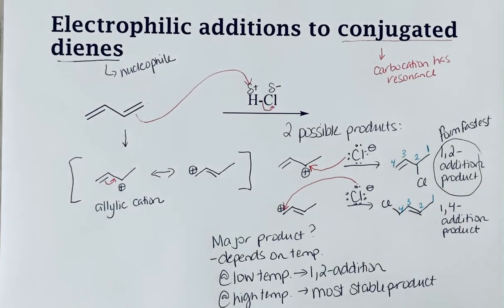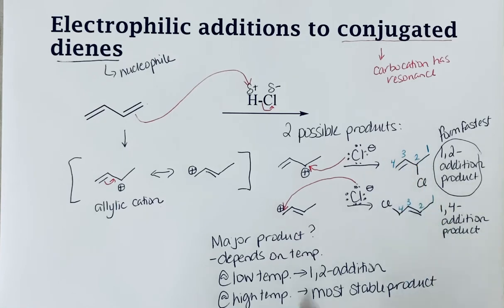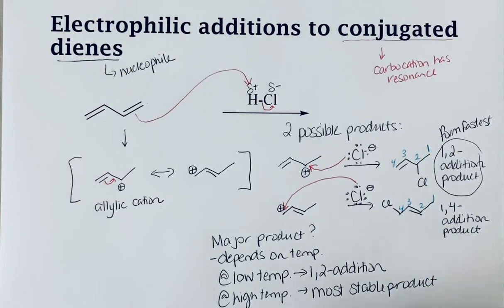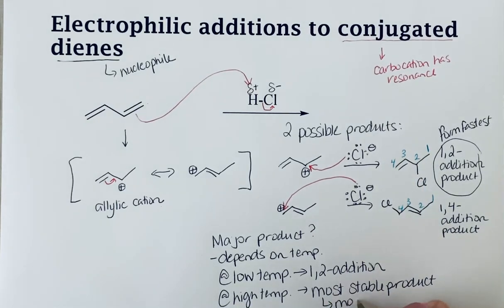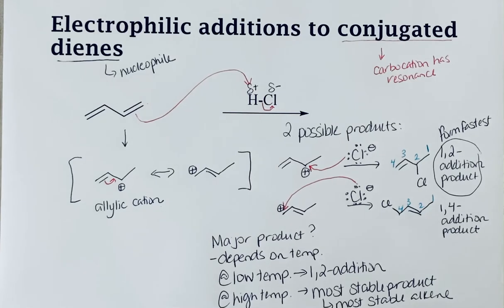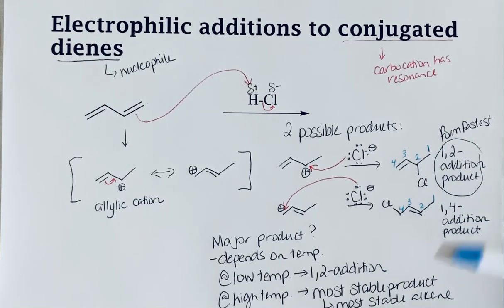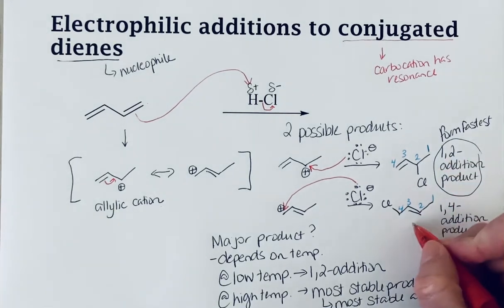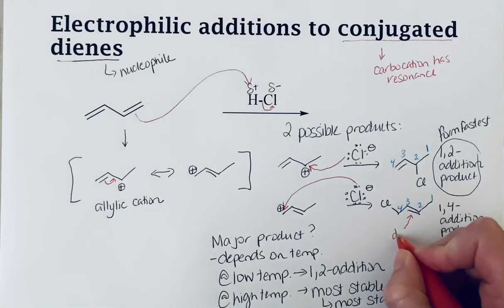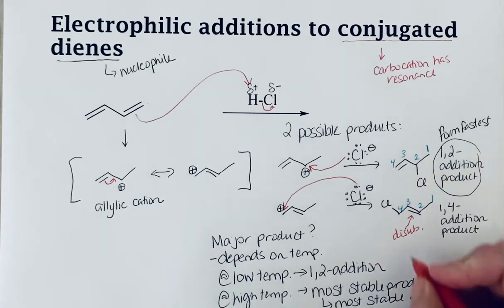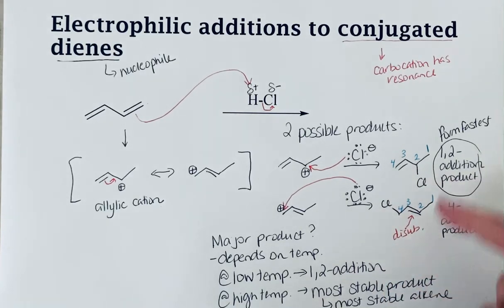And if we are looking at a product like these ones that are alkenes, the most stable product would be the most stable alkene. And so if you're looking for the product under higher temperature conditions, you need to look at both of those and say which one is more stable. This second product here is a di-substituted alkene. So that is the more stable of these two alkenes.